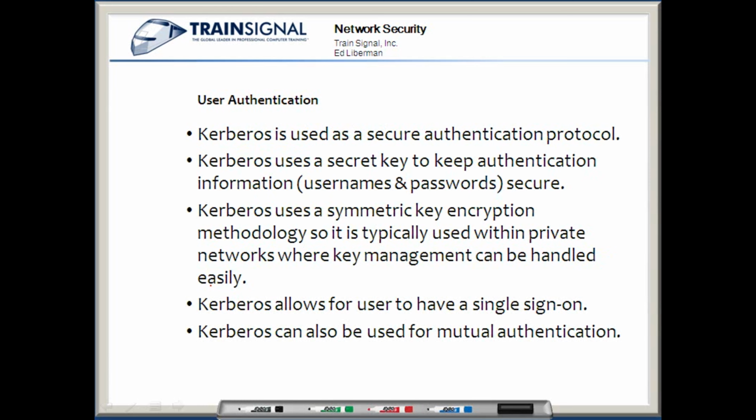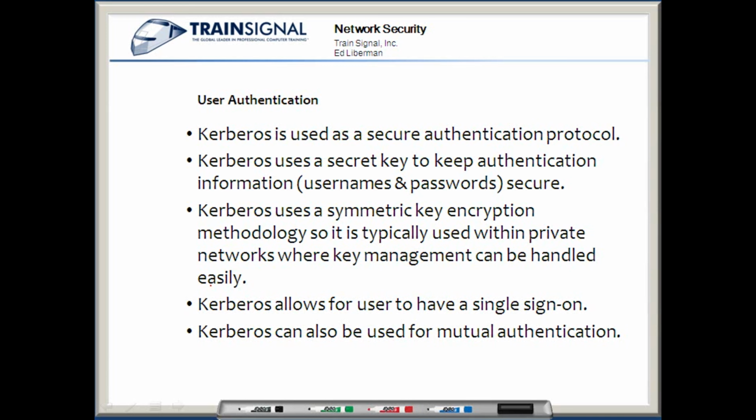Kerberos is another form of authentication. It's actually an authentication protocol. Kerberos uses a secret key to keep authentication information, things like usernames and passwords, secure, and that's why we call it a secure authentication protocol. Kerberos uses symmetric key encryption. That's why we needed to talk about that before.